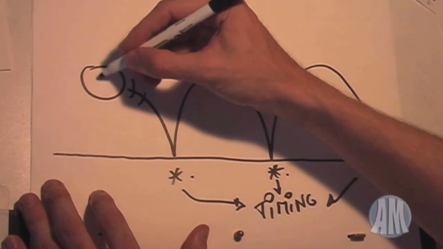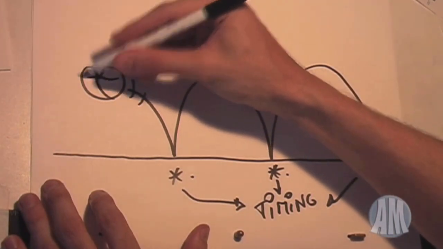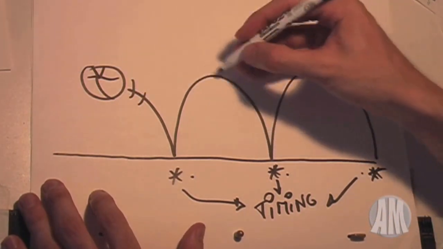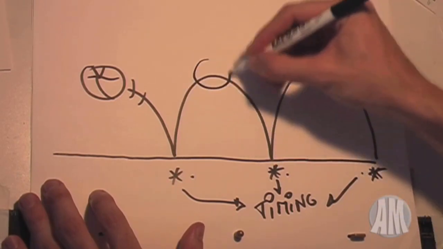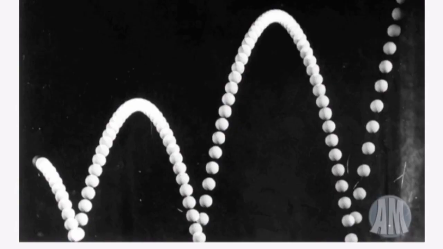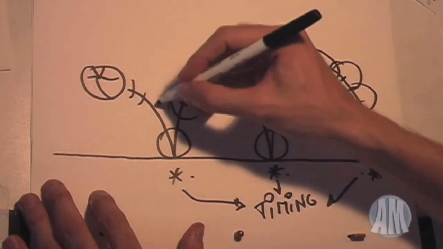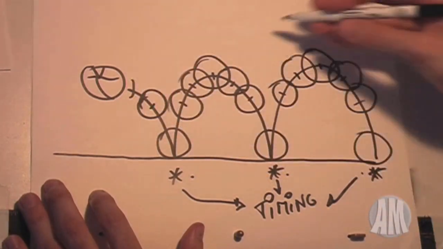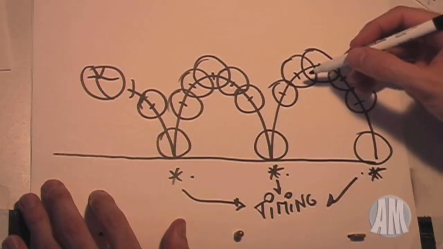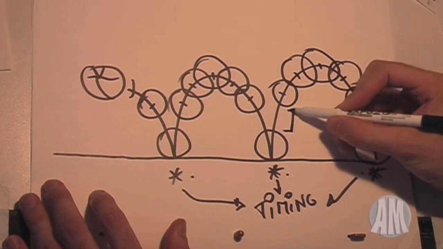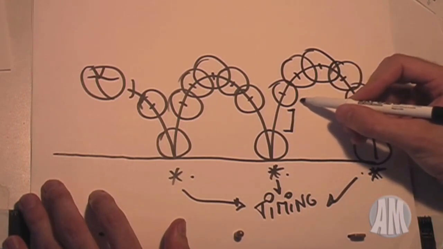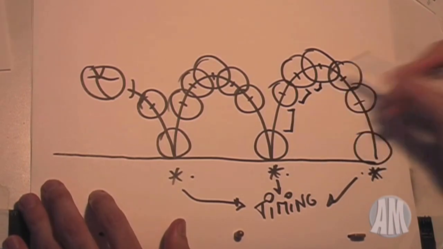Where the ball is situated, all these moments where the ball is at, that's considered the spacing. So it will be something like here, this spacing, this spacing.